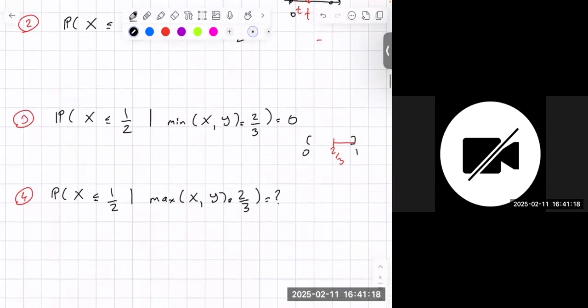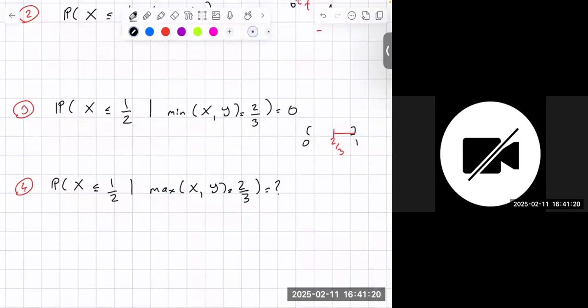All right, now the last one. Now they tell you the maximum is 2/3. What's the probability of X being less than half? So the maximum is 2/3 is given.